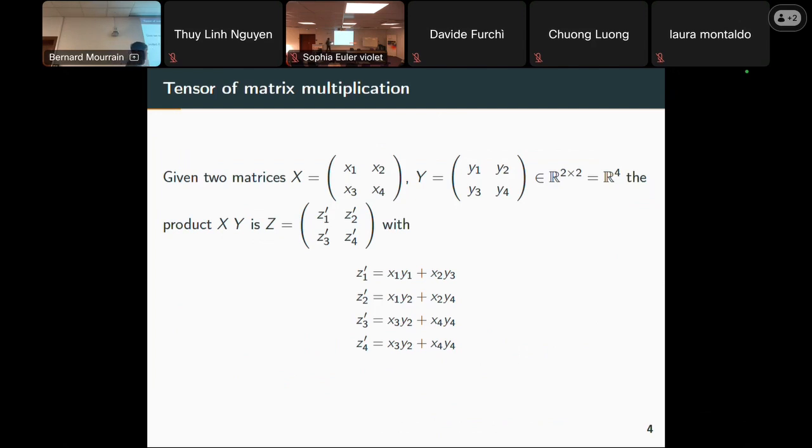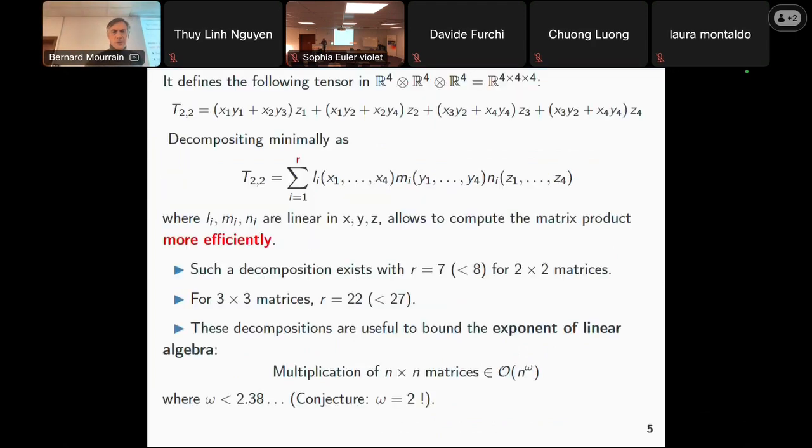This is, in fact, a formula which is multilinear in X and Y. And so it can be seen as a tensor of multiplication of 2 by 2 matrices, which we see as an element of R^4 tensor R^4.